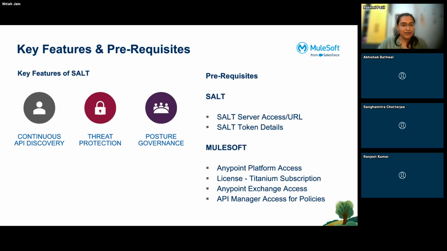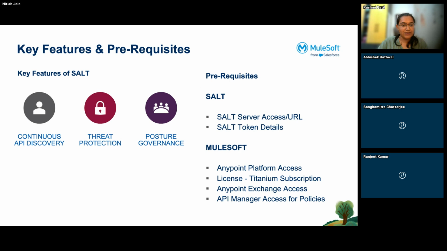So can we go to the next slide? Yeah. A few of the key features we can see in Salt is continuous API discovery. Where we have exposed our APIs, we identify the sensitive data in our code and handled in the logs.